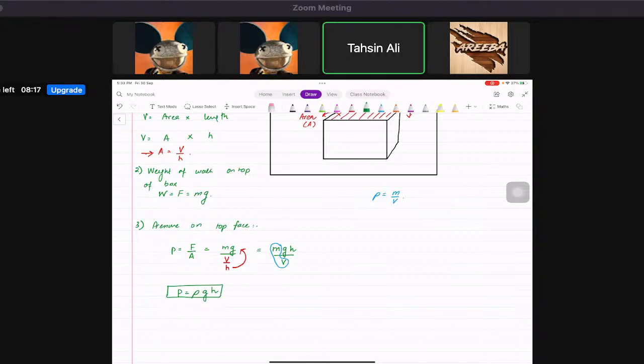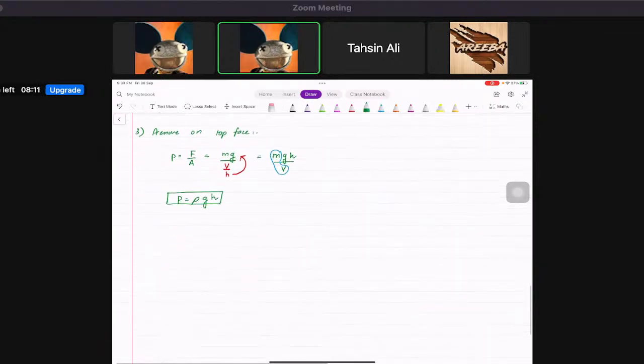Okay, all right. Now, let's move forward. From this point, we're going to learn about something called the upthrust. Upthrust is basically a force, okay?